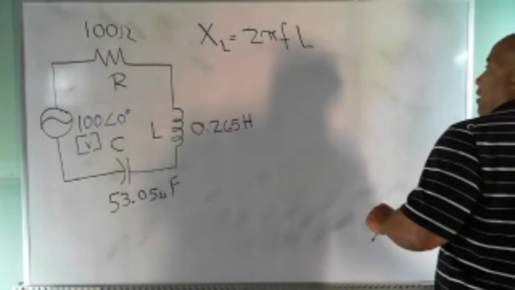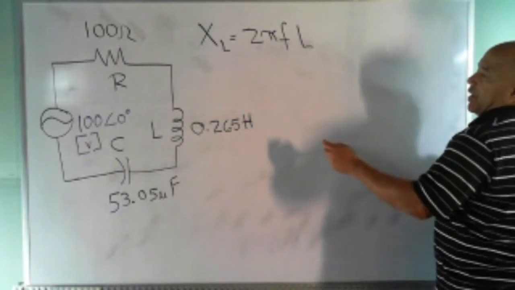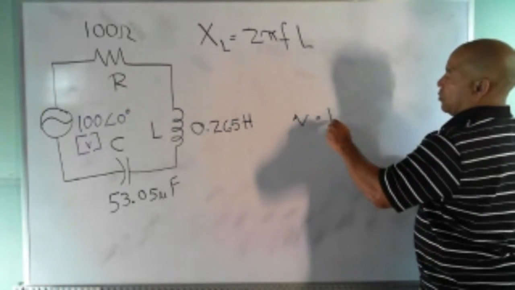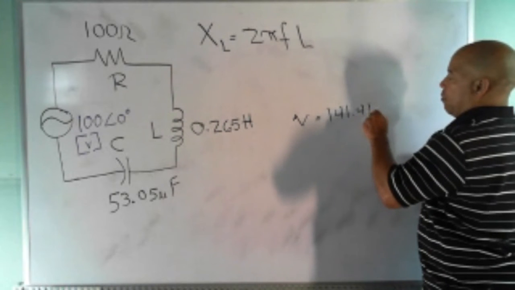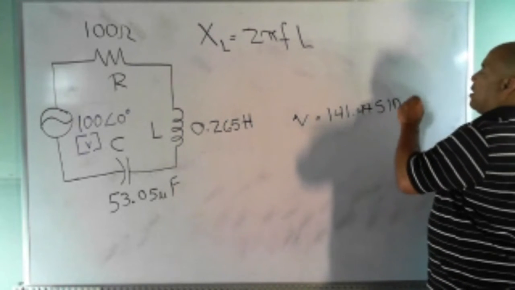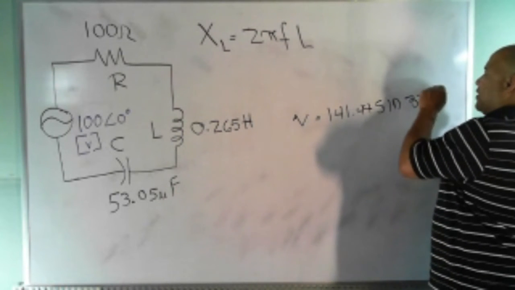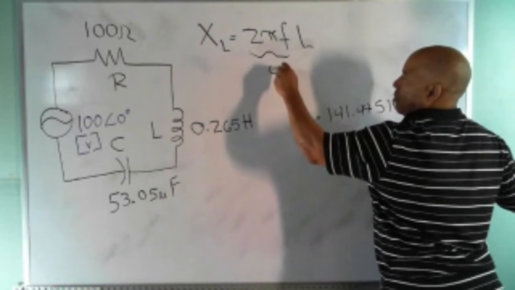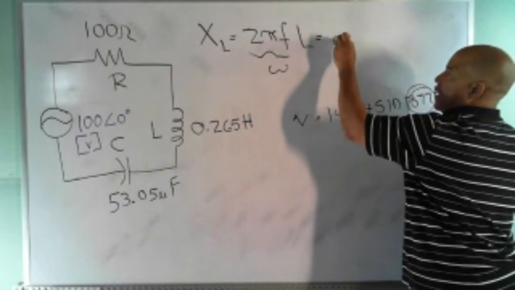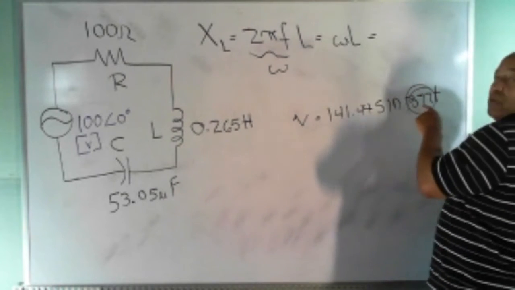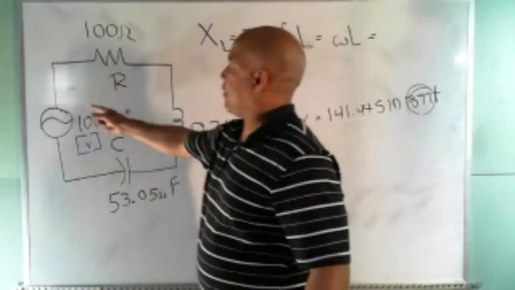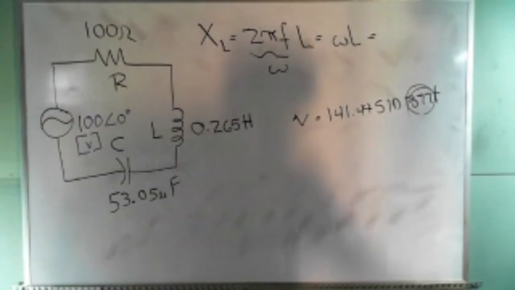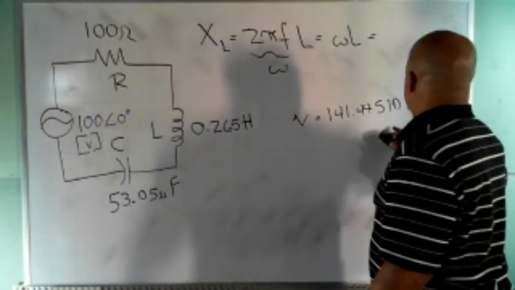I don't need that. In my original formula, they gave me 141.44 sine 377t. So they gave me omega. This right here is really omega, so I can write this as omega L. You need either frequency or omega to convert it. Without it, you can't. So they gave me omega 377.